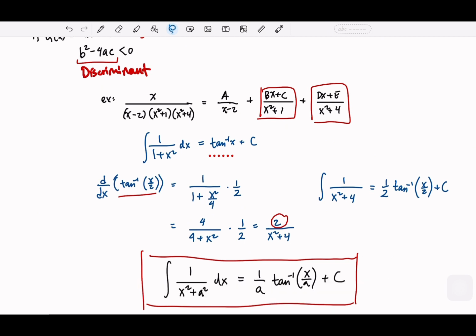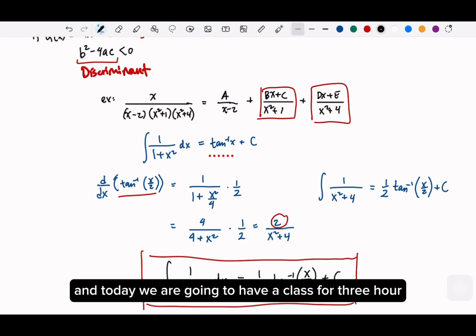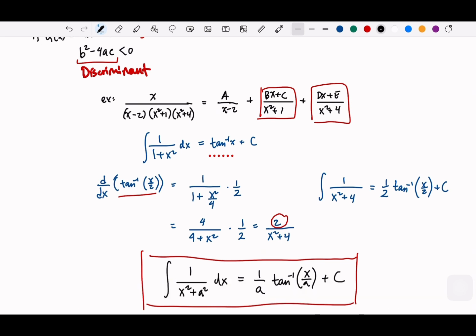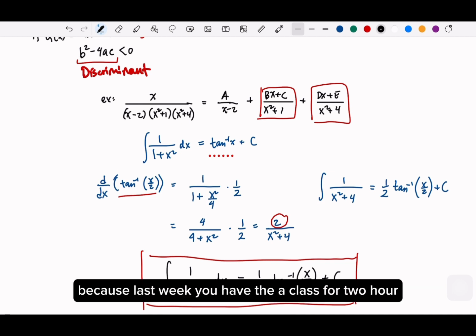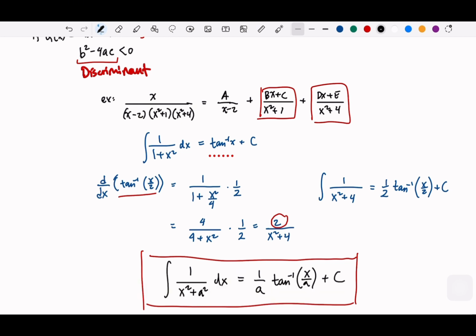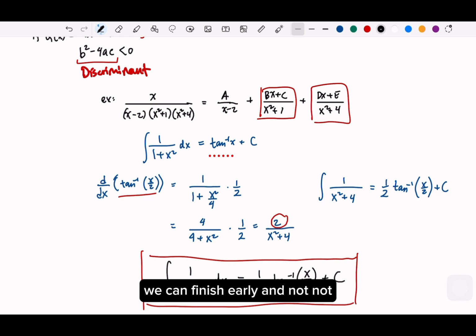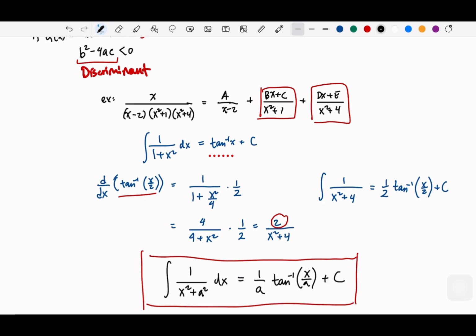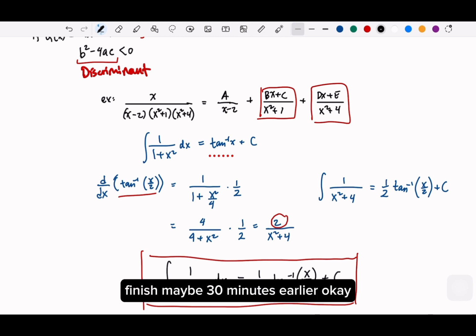Okay. And today we are going to have calculus for 3 hours, because last week you had TA class for 2 hours, so now we have a 3-hour class. But I think we can finish early. Not exactly 3 hours, maybe finish 30 minutes earlier.